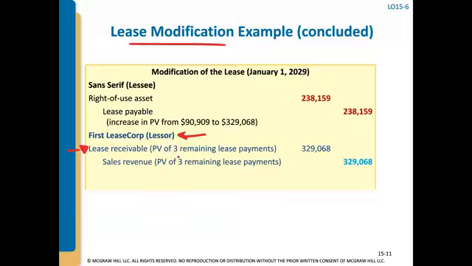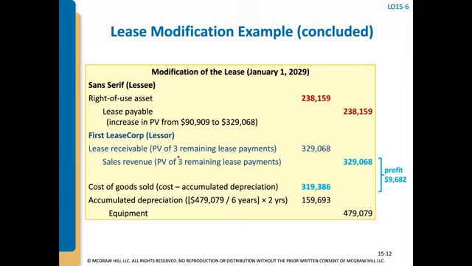So they have to record the lease receivable, which is the present value of the 3 remaining lease payments of $329,068. And they're going to record this as a sale because this is a sale with profit. This is a sales type lease with selling profit, which we just determined in the previous slide. So we're going to credit sales revenue for that same amount. Now we have to take the asset off of our books.